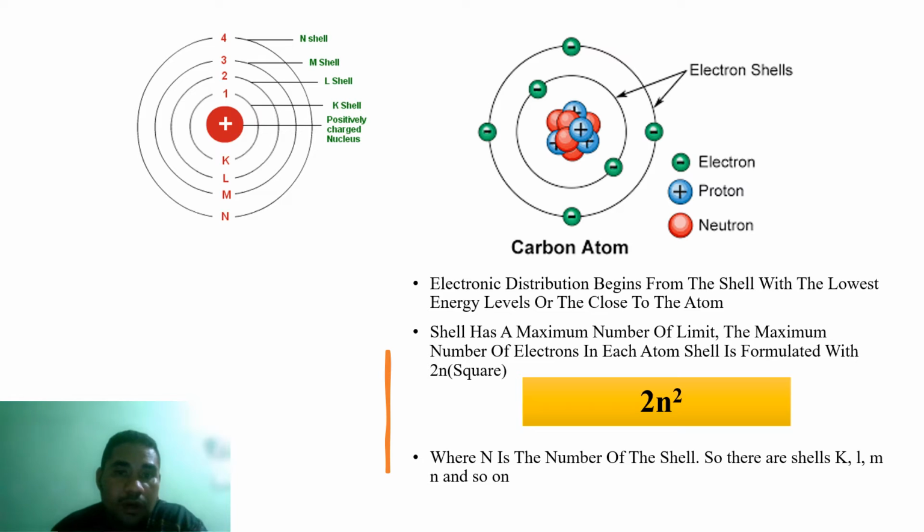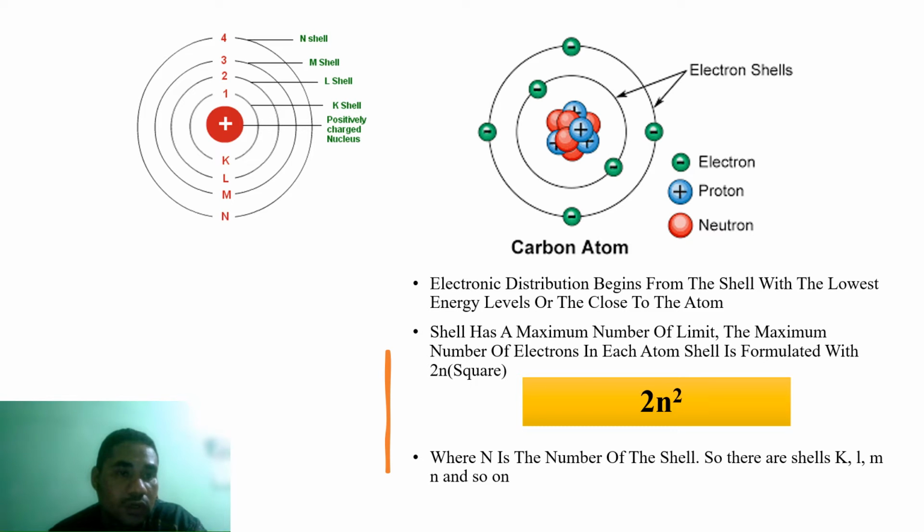The maximum number of electrons is 2 times 1 squared, equal to 2. For the L shell, n is 2, meaning the maximum number of electrons is 2 times 2 squared, equal to 8.